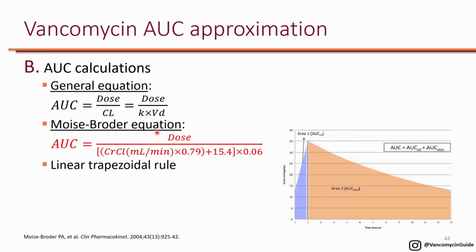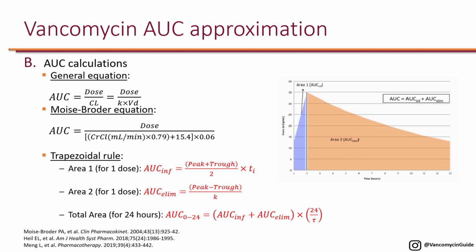So you can use population kinetics. There's this equation, the Moyes-Brother equation, that was derived from their patient population, that can estimate what the AUC would be empirically. So imagine you wanted an AUC of 400 and you know the patient's creatinine clearance, you basically solve for dose, and that will give you the empiric dose that will give you the AUC that you want.